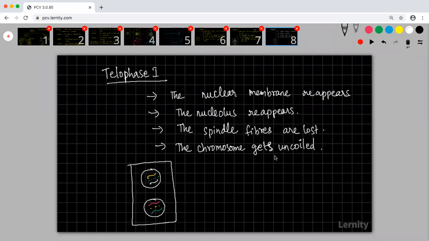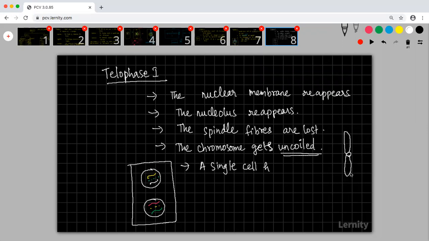The nuclear membrane reappears, the nucleolus reappears, the spindle fibers are lost, the chromosome gets uncoiled. Uncoiled means getting unwrapped. If it is together as a chromosome, this is called a coiled structure.